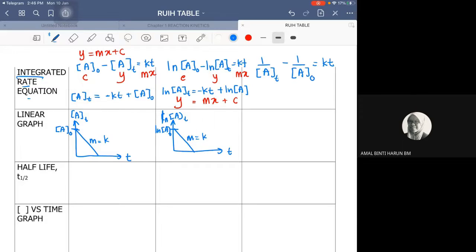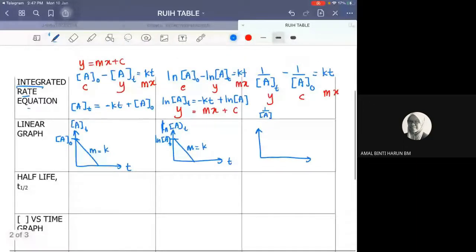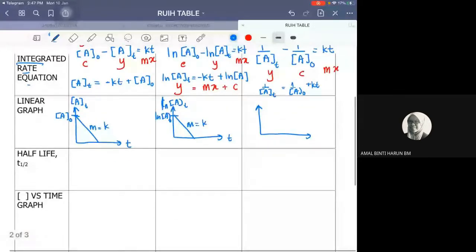And the last one, kalau second order, tengok apa Y dia. Ini Y dia. Ini mx. Ini C. So rearrange, kita akan dapat 1 over A time equal to 1 over A initial plus KT. So kita dapat positive slope. Intercept dekat mana?